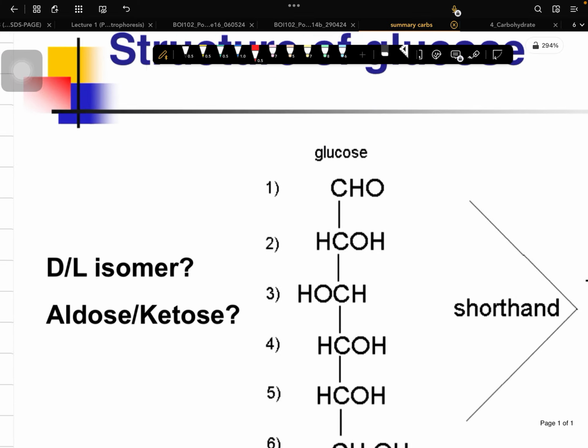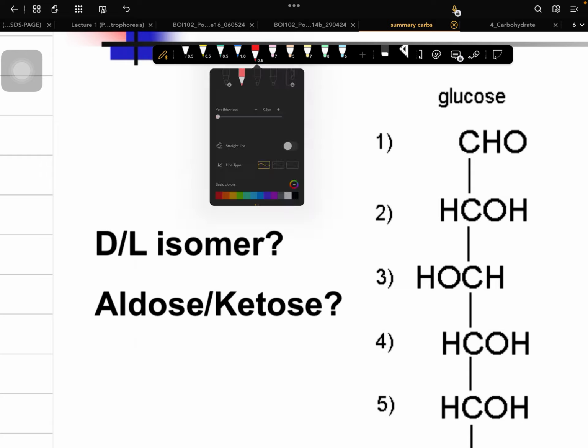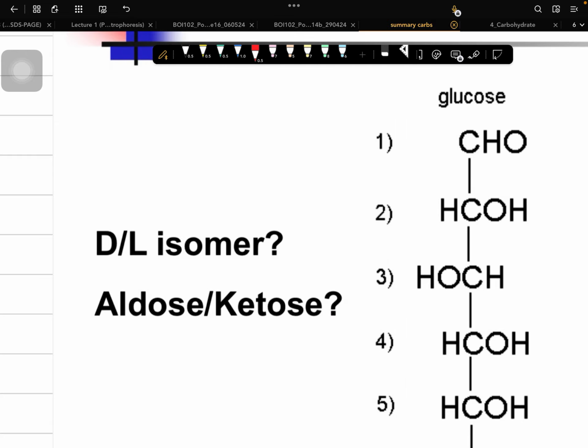So there are two isomers for glucose, the D isomer and the L isomer. D refers to dextrorotatory, and L refers to levorotatory. D is positive, to the right; L is negative, anticlockwise or counterclockwise.